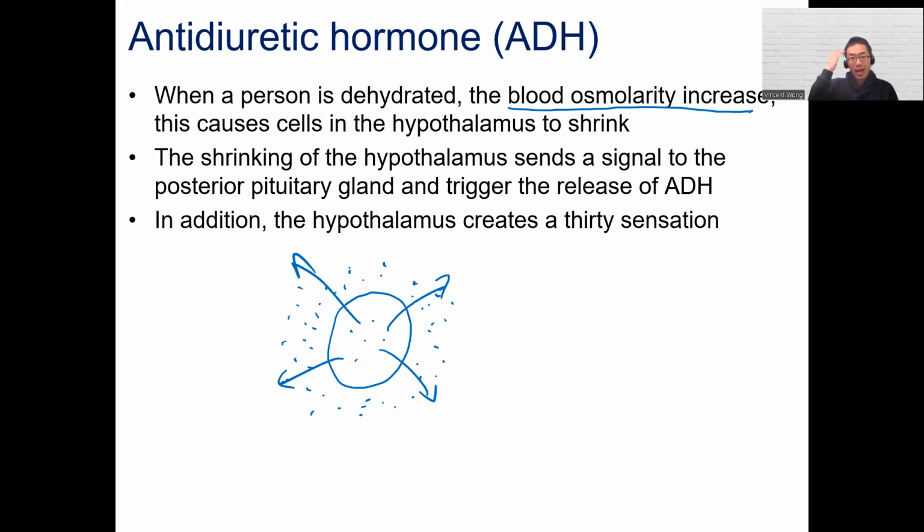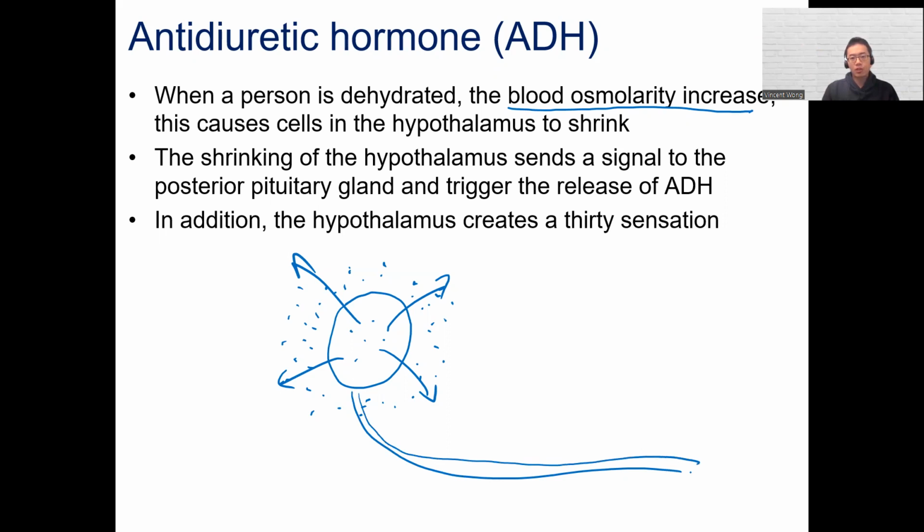So the cells in the hypothalamus shrink when you're dehydrated, and that shrinking sends a signal down the axon.